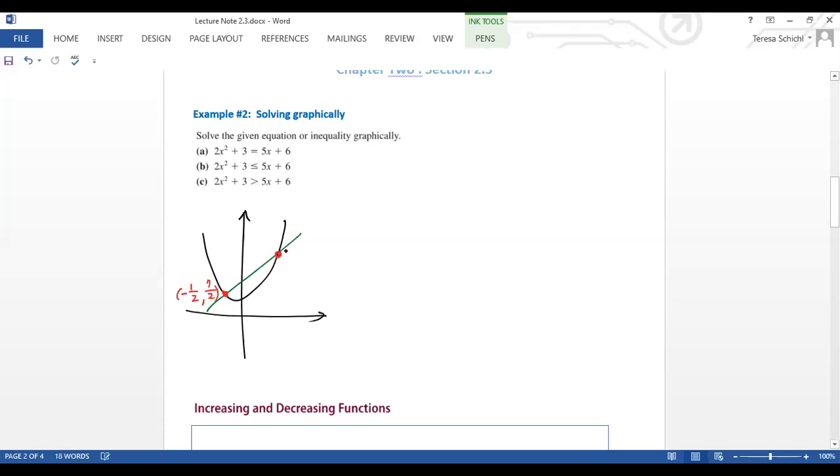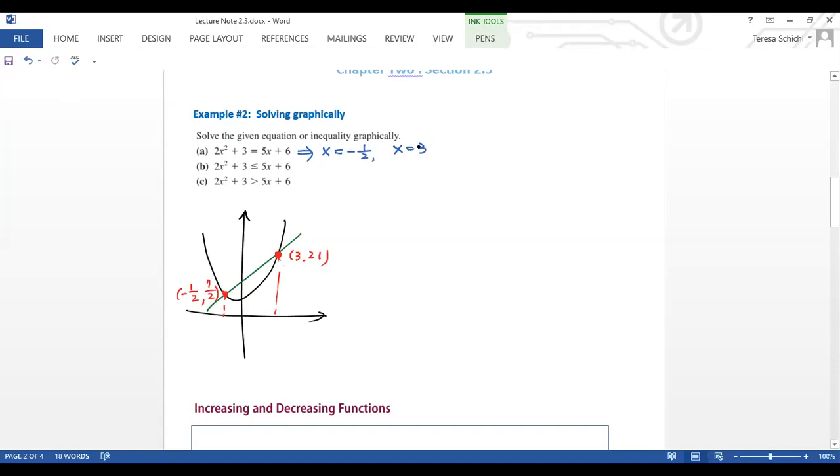You still remember? This is (3, 21), right? So here. Okay, so now let's take a look. So what is the solution for the equal? Remember, the equal is the intersections, right? So that means x is equal to what? -1/2 and x equal to what? x equal to 3, right?